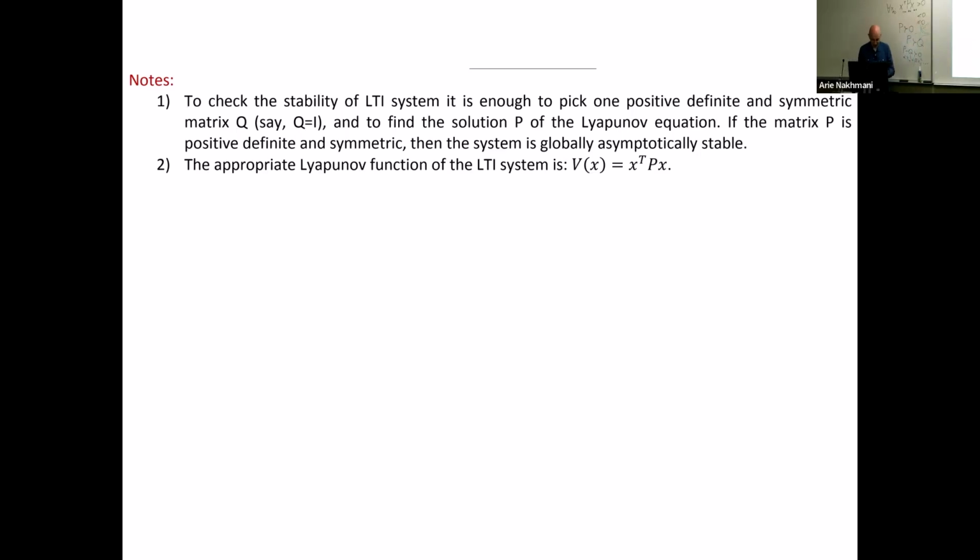Could that converge to anything but zero? It can't. The only possible equilibrium point for linear systems is always the origin, always zero.